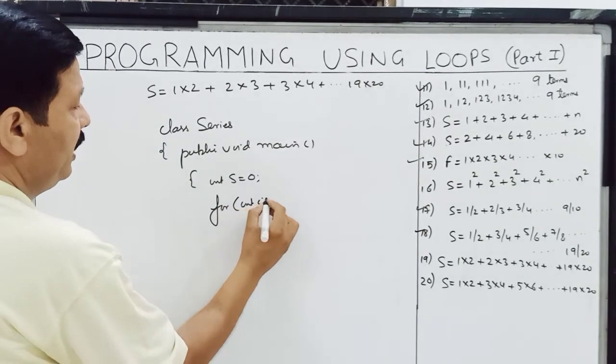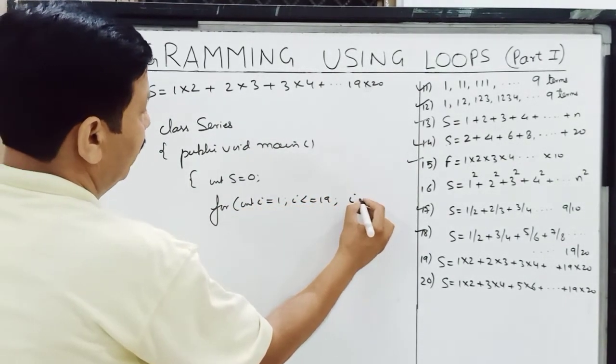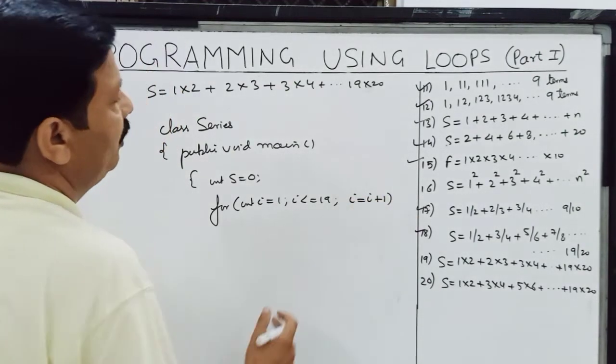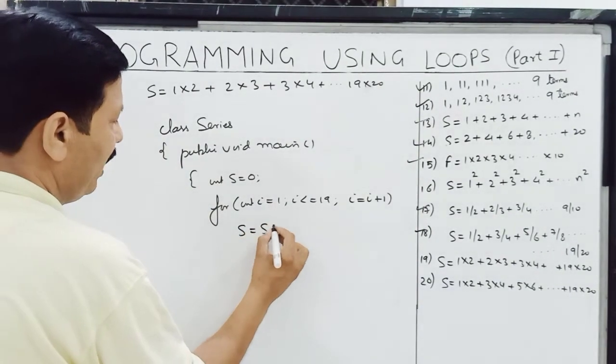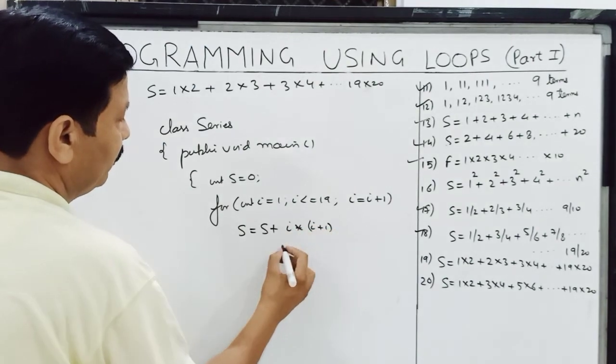So I am running a loop from 1 to 19, and it is i is equal to i plus 1. i plus 1 is also i plus plus. So here I am saying s is equal to s plus i multiplied by i plus 1.